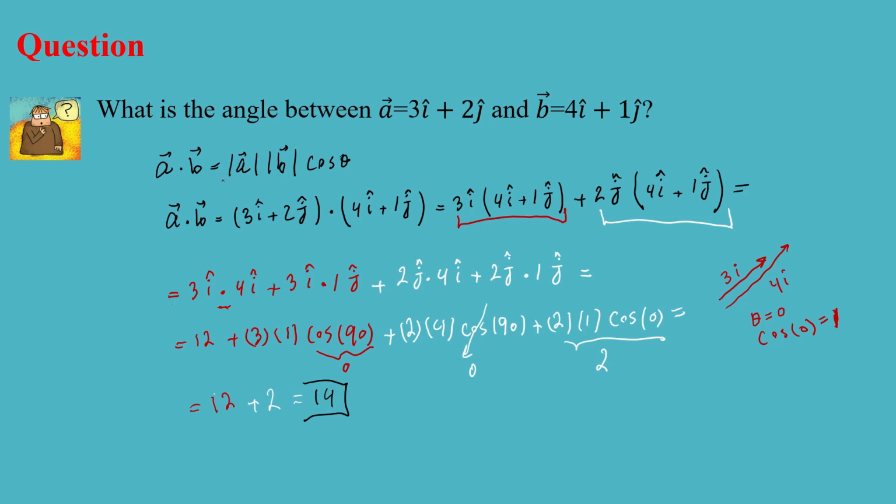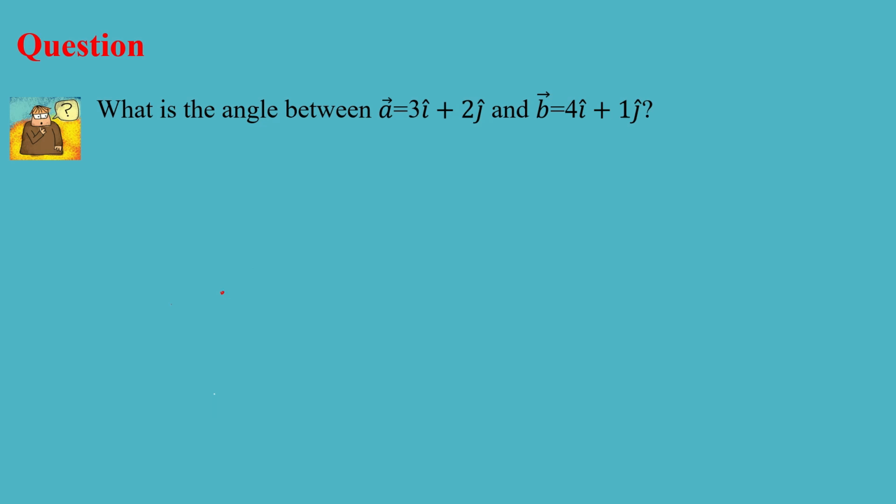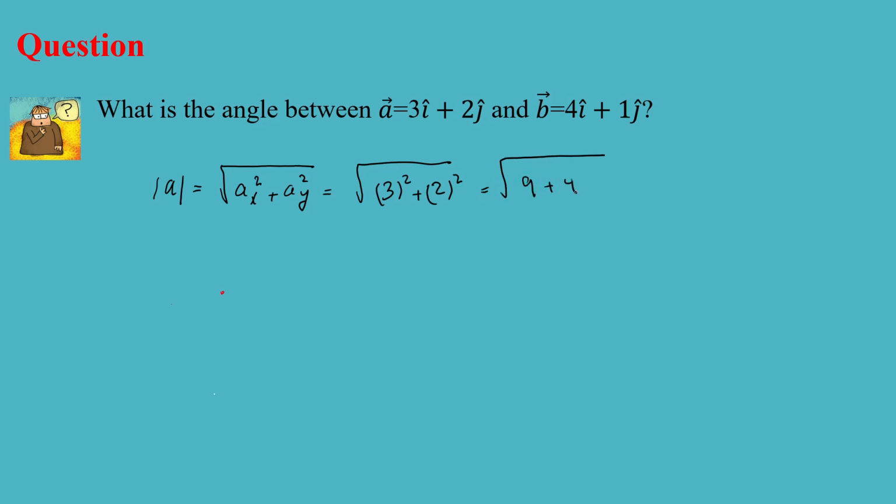Now I have to find the magnitude of A, magnitude of B, and then substitute all these values and find the cosine theta. Let me find the magnitude of A. The magnitude of A is equal to the square root of ax squared plus ay squared, right? My ax is 3, so 3 squared plus 2 squared, which is 9 plus 4, equal to 13.